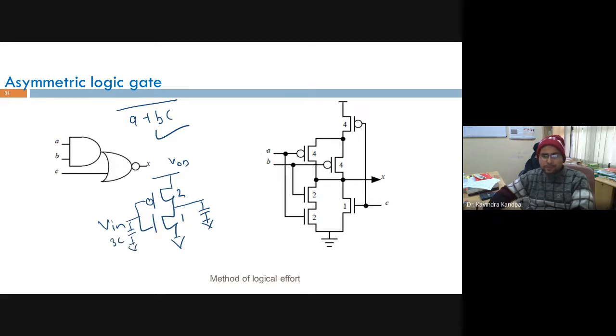So you can see the logical effort GA with respect to input A is how much? What is the net capacitance for input A? 6C divided by 3C, how much? 2. And this is also equal to GB, yes or no? A and B both inputs have logical effort 2. Is it clear?